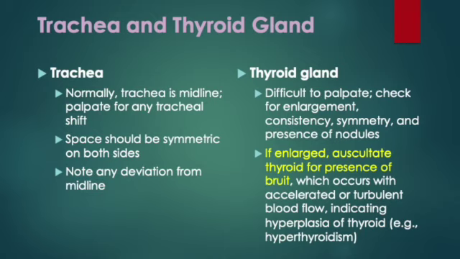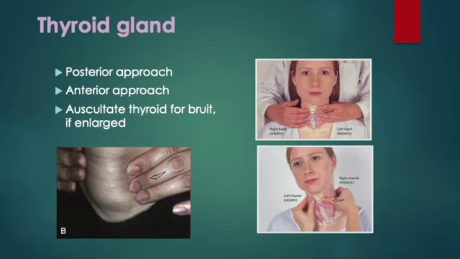I want you just to be able to palpate around the thyroid, but you don't necessarily need to do the advanced techniques, which I'm going to show you on the next slide, just so that you understand what they are. You could take a posterior approach, shown on this slide here.